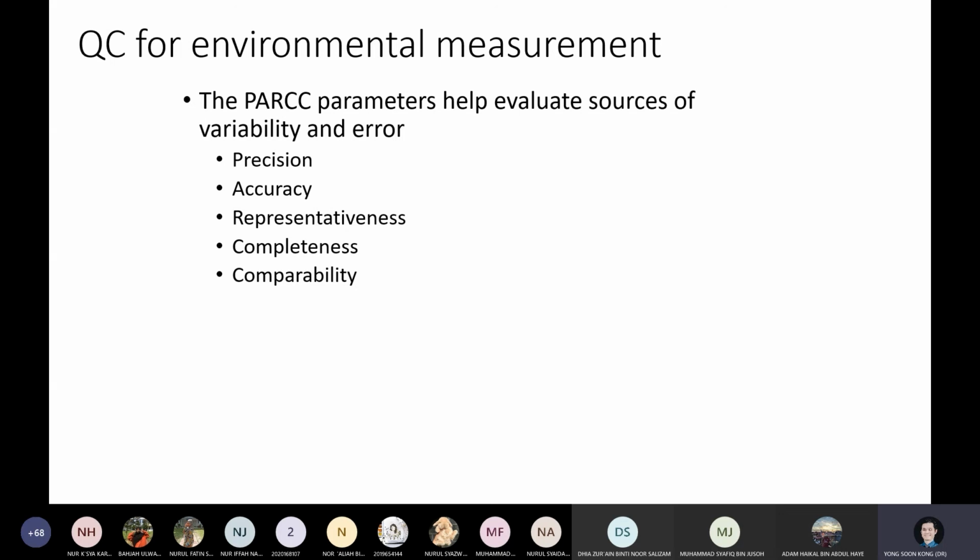All of which are the essence, the key parameters in order to define the error and also variability of your measurement. So if you do have all these parameters, then there should be no problem for you to understand why your data is such and such. And from that understanding, you have confidence to believe that your data is indeed accurate.